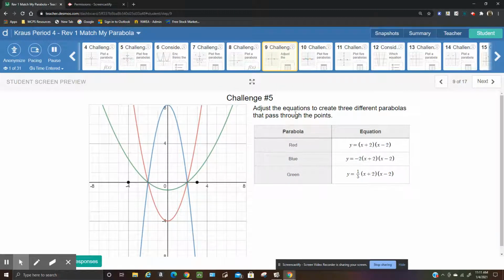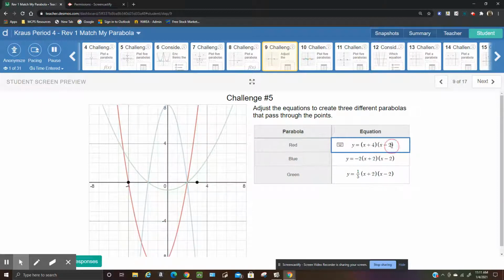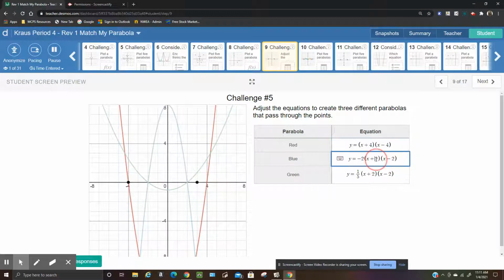Nine, you want to adjust these equations to fit the parabola through these points. So the intercepts are negative 4 and positive 4. You just want to change these to 4 and 4. Same thing here.